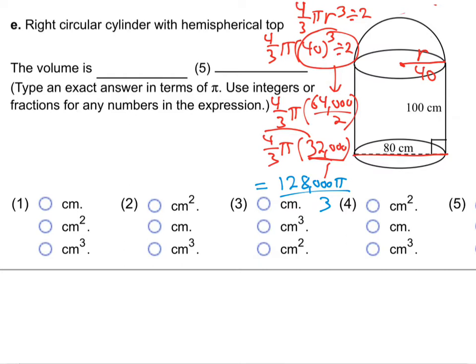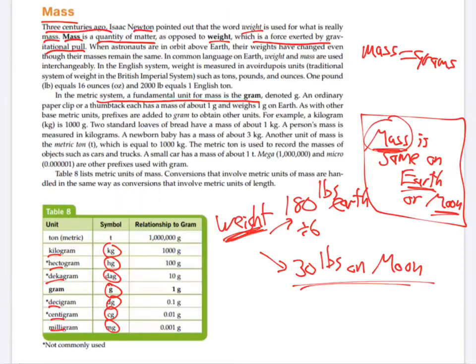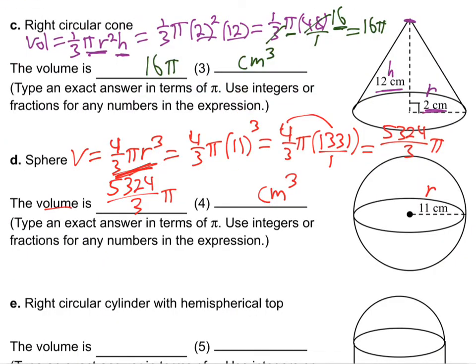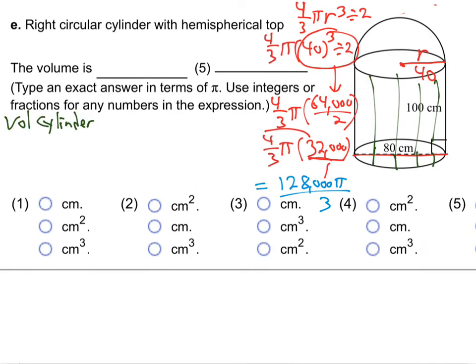And now we have the volume of the cylinder. The soda can, this shape right here. So we need to figure out the volume of that soda can. Well, cylinder, if you go back, volume of cylinder, it's right here. Cylinder, pi r squared h. Makes sense because the base is pi r squared.